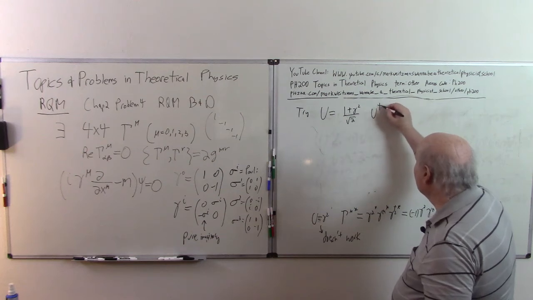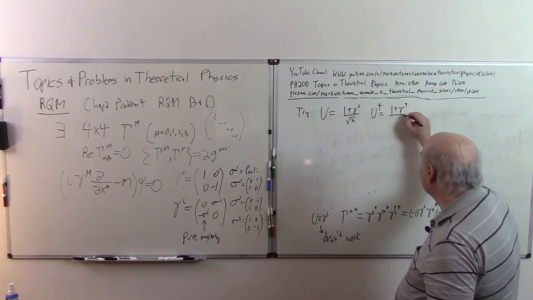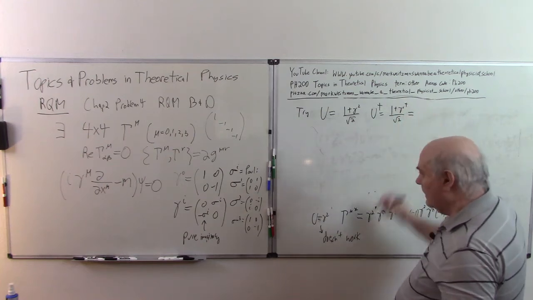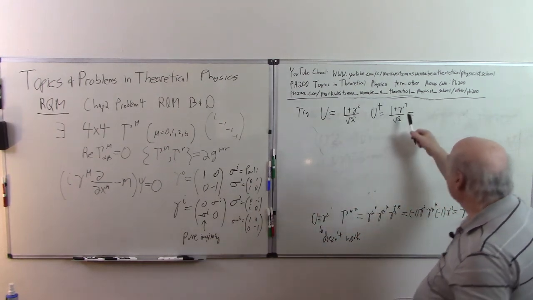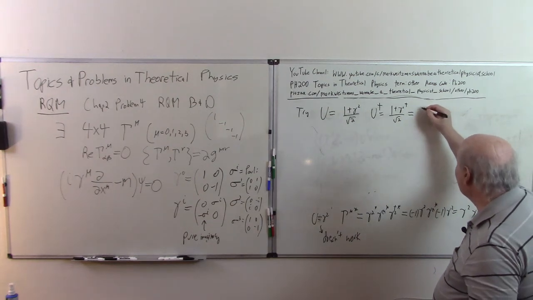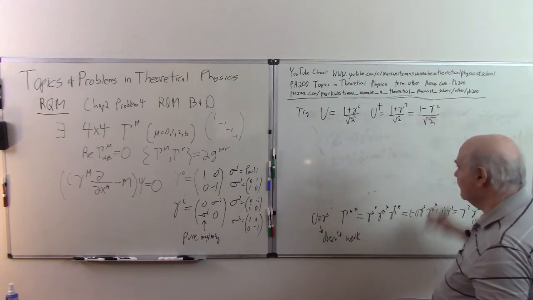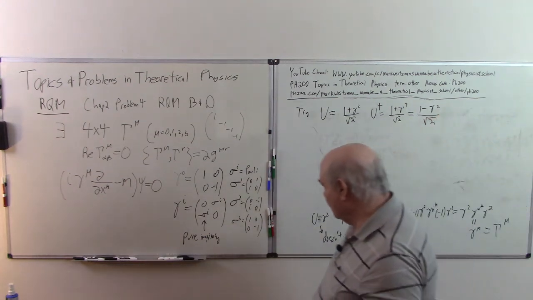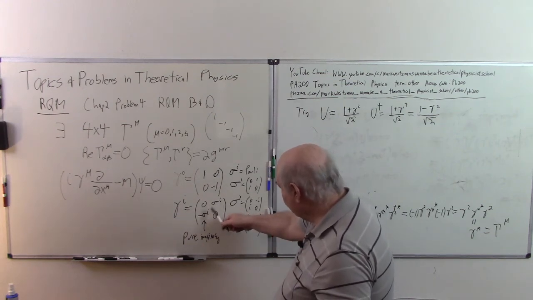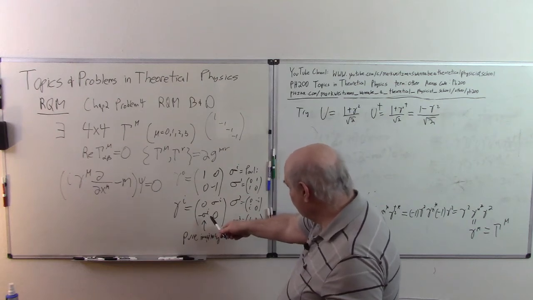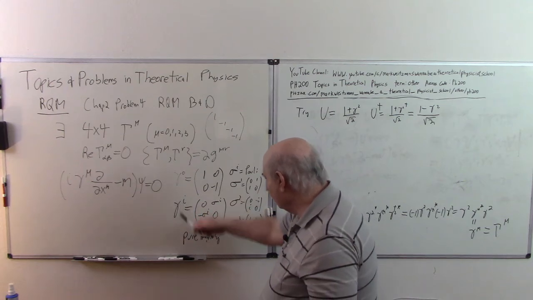So u dagger is equal to 1 plus gamma 2 dagger over the square root of 2. If you take the dagger of the gamma 2 matrices, it's just a minus sign. So this is equal to 1 minus gamma 2 over the square root of 2. Basically, the sigmas are Hermitian, so when you transpose and take the Hermitian conjugate of the inner matrices, it just ends up being minus.